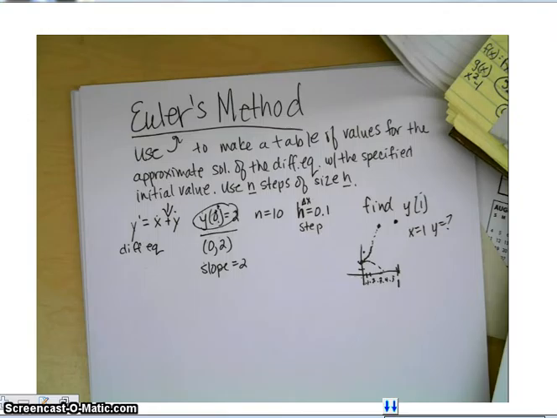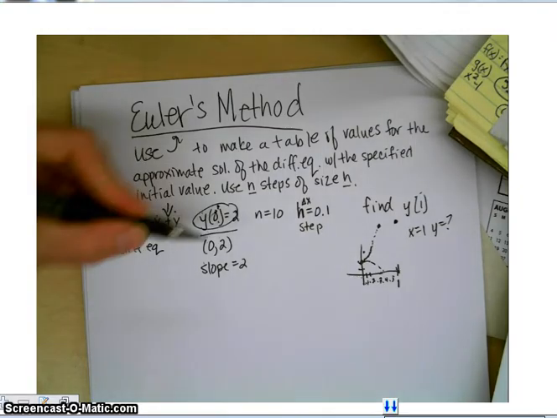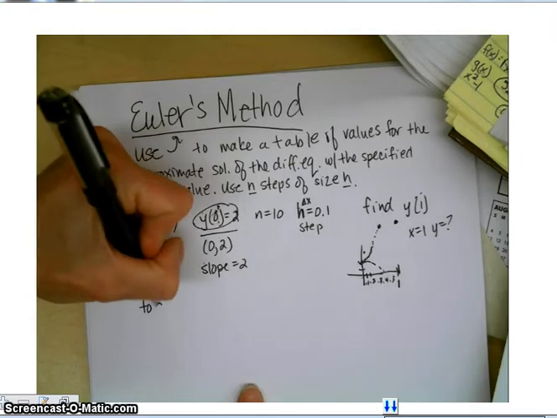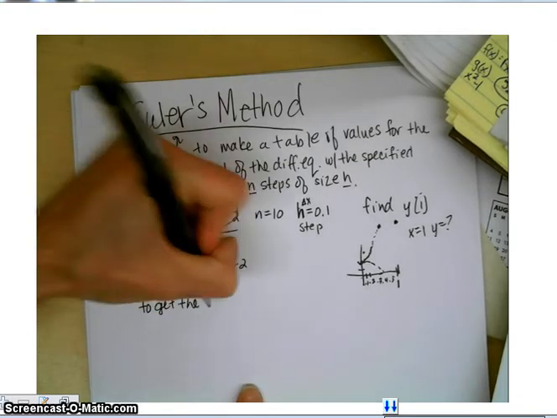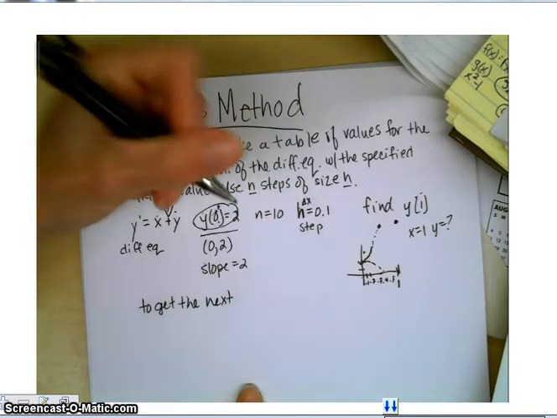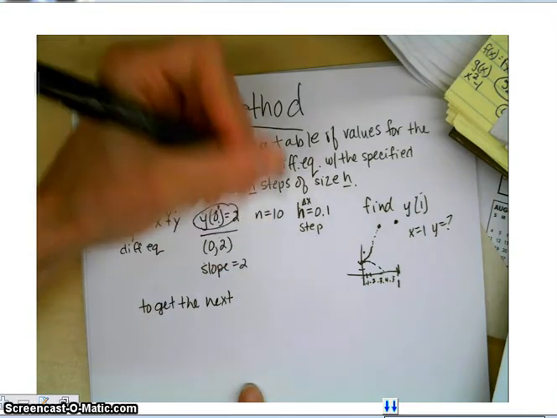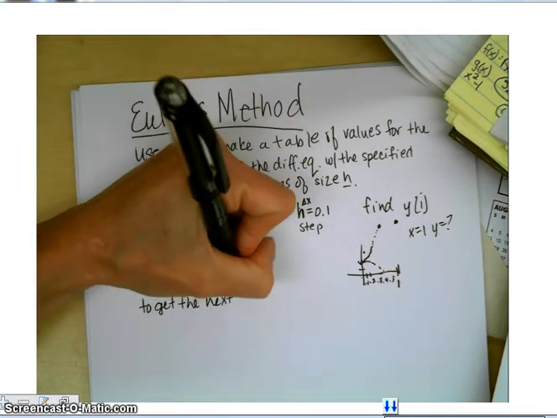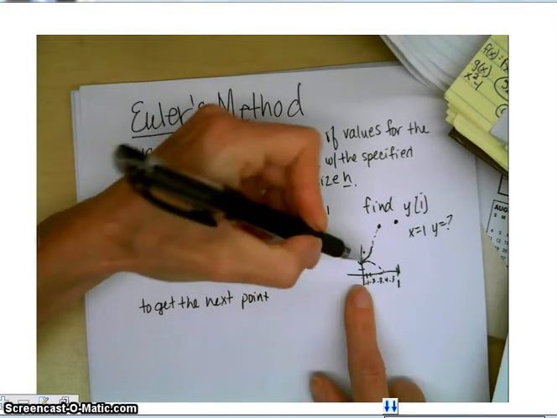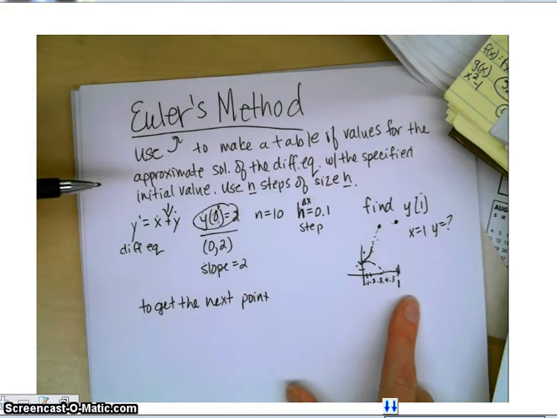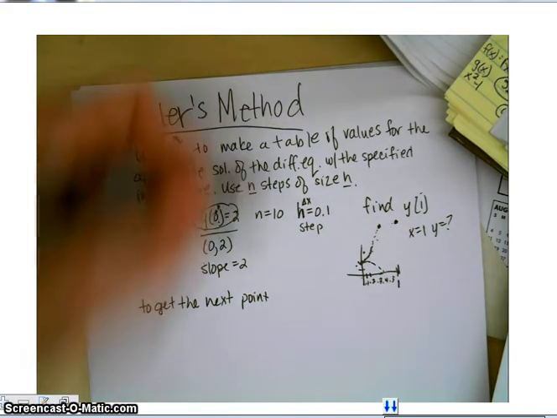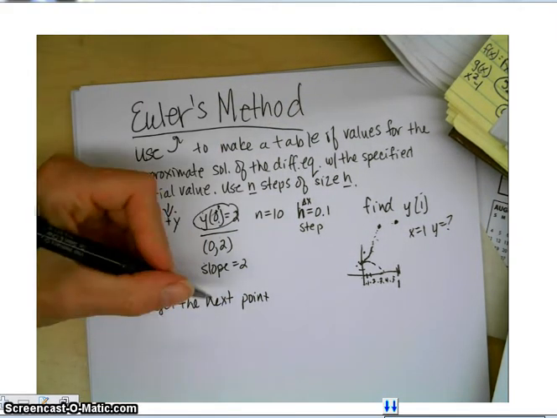The formula to get the next step, the next point, because remember we need to make a little series of points all along here to get the next point in the table, we're going to use this little formula.